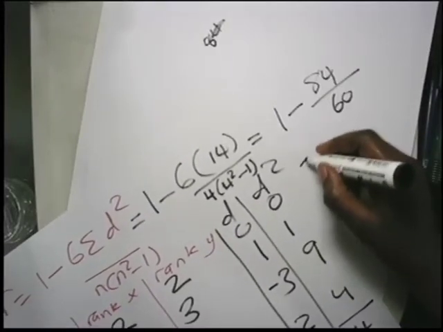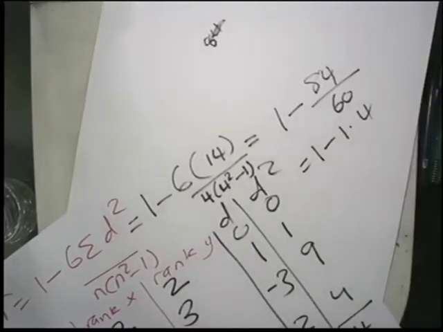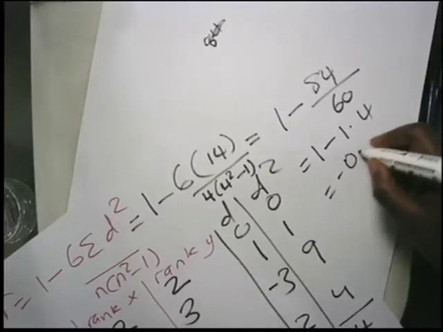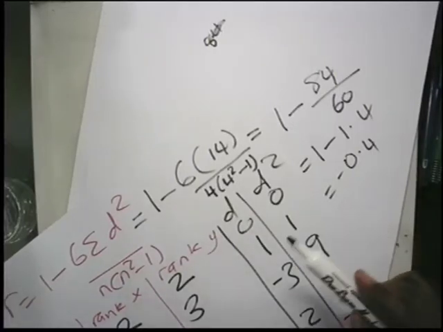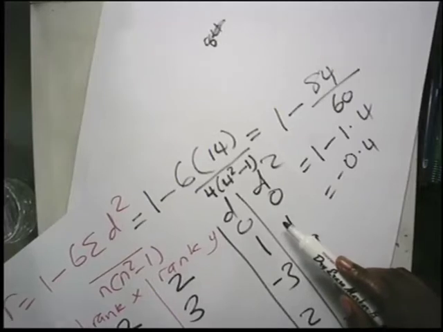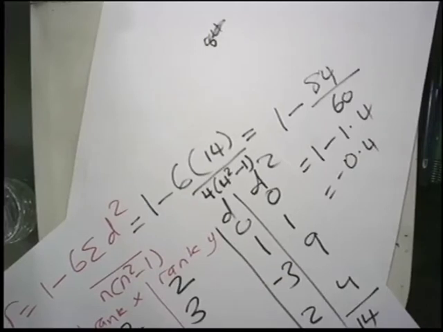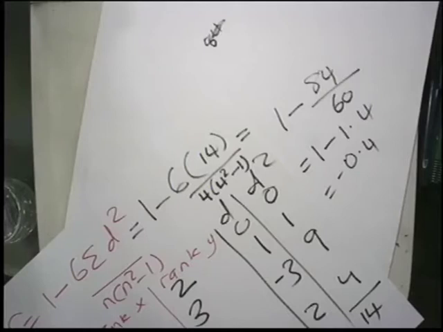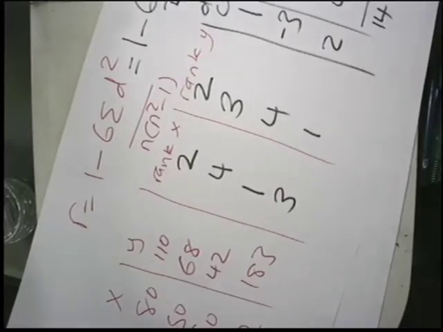Then we move down: 1 minus 1.4 will give us negative 0.4. So remember, correlation values lie between negative 1 and 1, right? So our answer is negative 0.4, which means there's a negative relationship because our answer is negative, and the strength of the relationship is not very strong because it's just 40%. Okay? I hope you practice more on that.